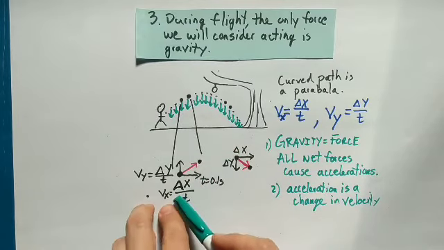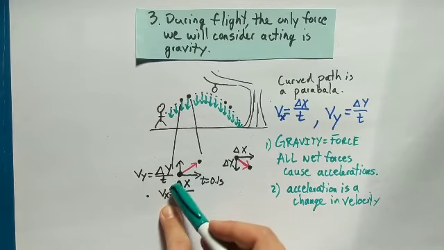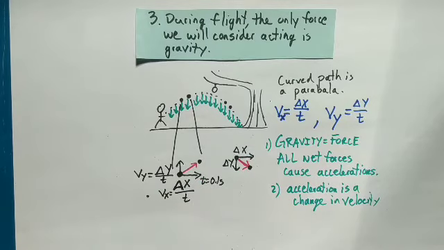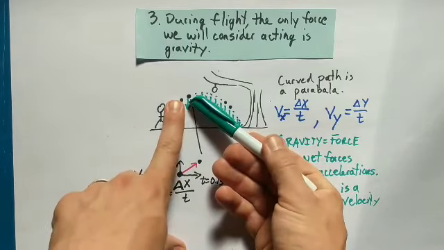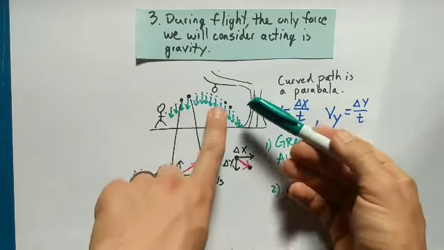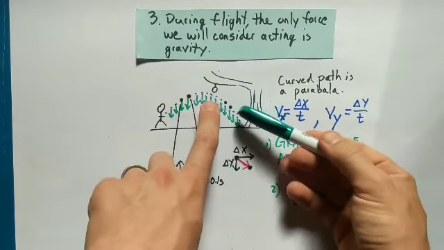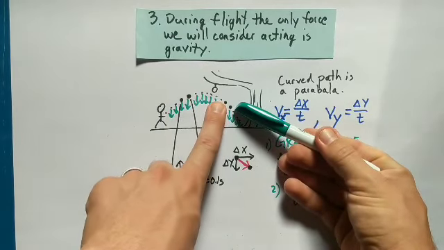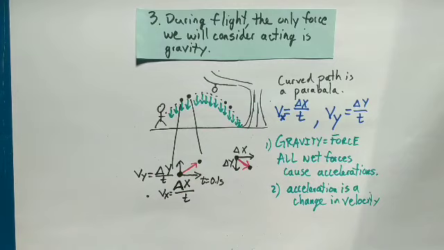But our velocity of x, how fast it's moving horizontally, there will be no change in that. So between this point and this point, if that was 0.1 seconds, the velocity would be the same in the x dimension as it would be over here. So the velocity in the x dimension is always constant, where the velocity in the y dimension is always changing.